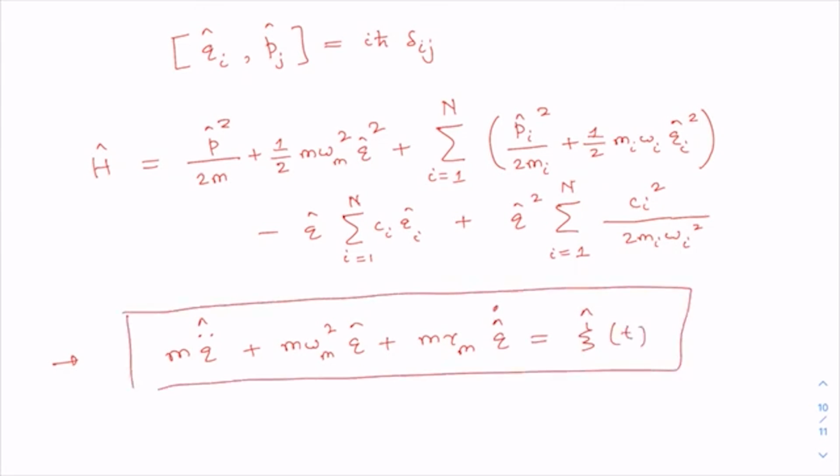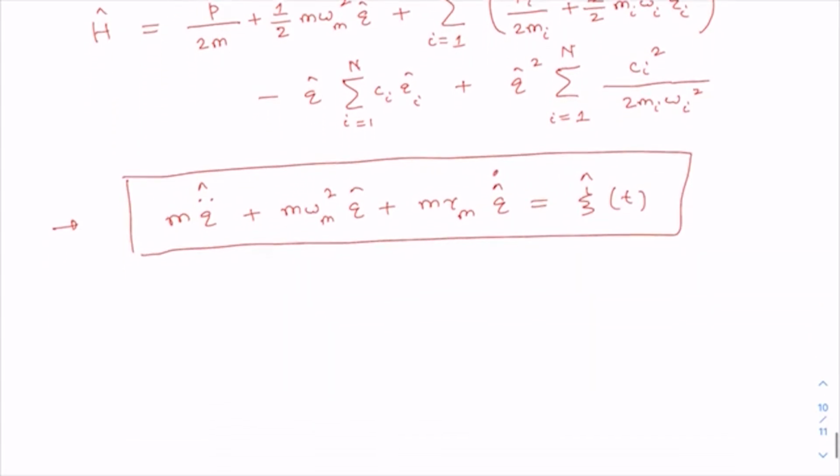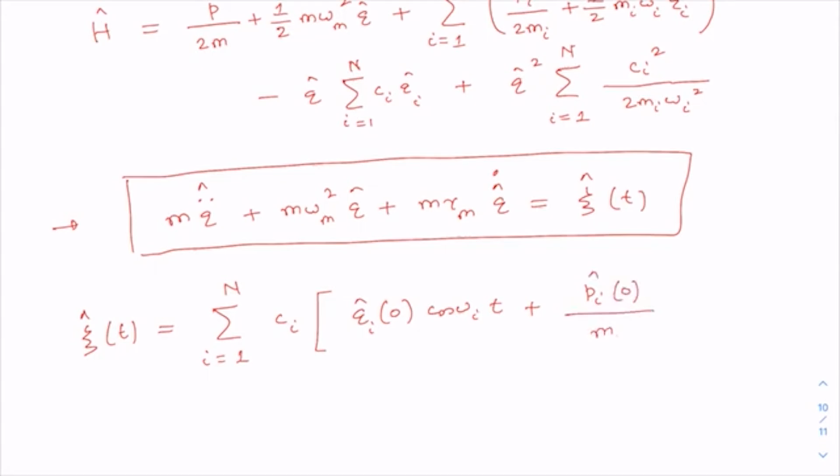It is the same as in the classical case, only the variables are now replaced by operators. Assuming that the coupling between the bath and the system is weak, I can write this as qi cap cos omega i t plus pi cap 0 over mi omega i sine omega i t.